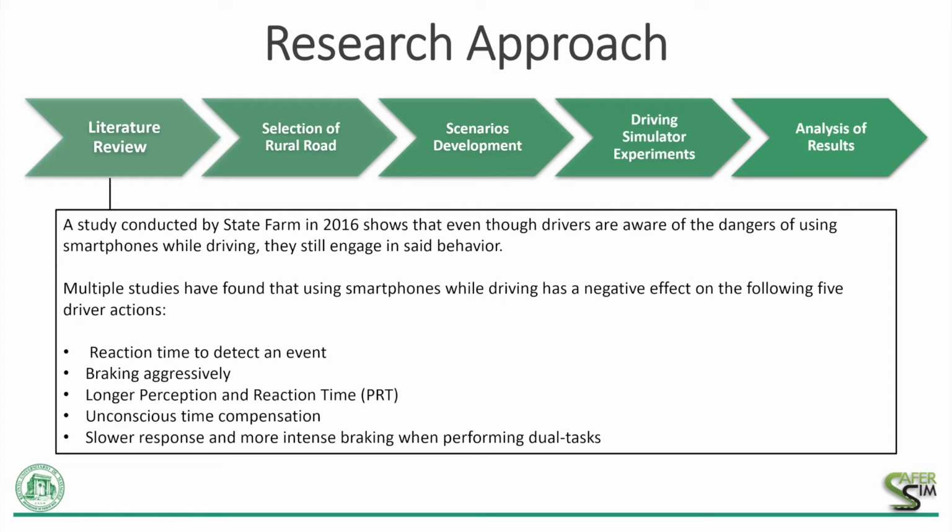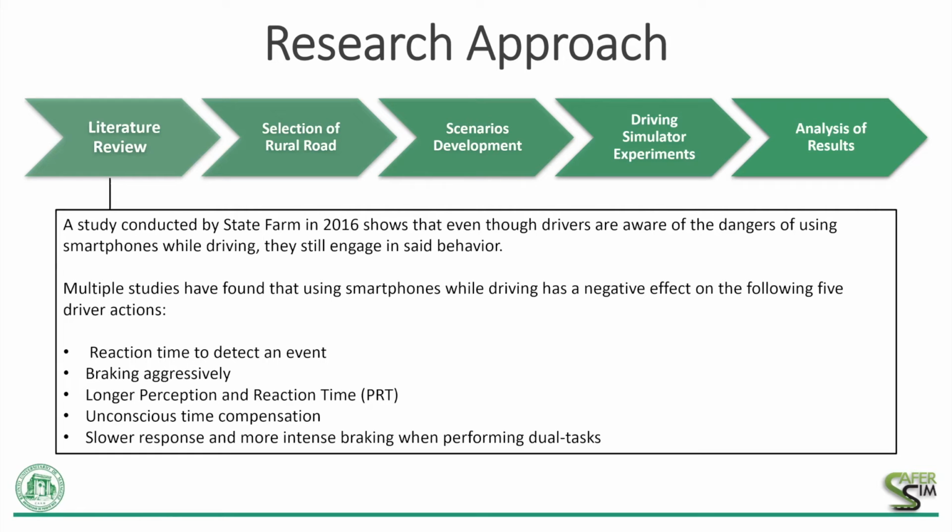Related to longer perception and reaction time, we found that drivers tend to be more distracted by smartphone conversations, and they take longer to react. They also do unconscious time compensation. Bellinger concluded that distracted drivers use an unconscious time compensation with a faster movement to the brake pedal, resulting in more intense braking deceleration.